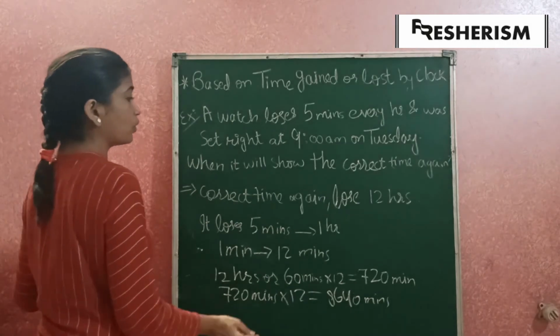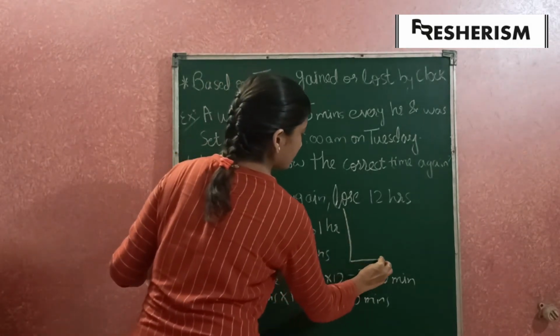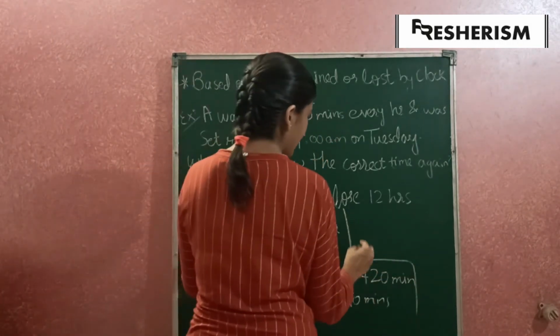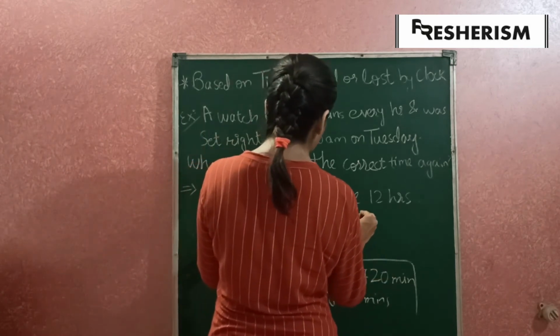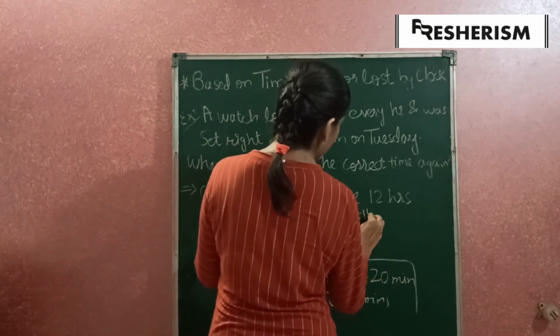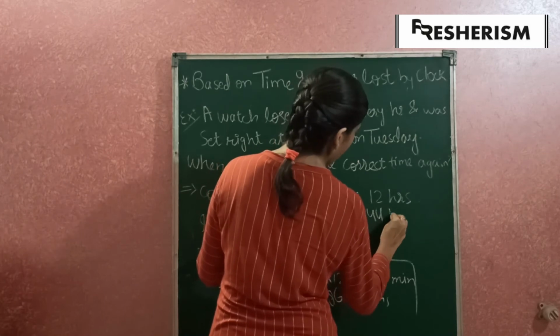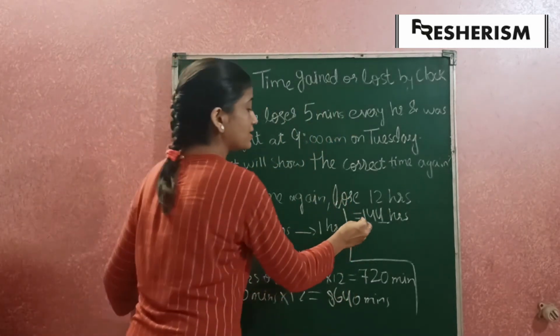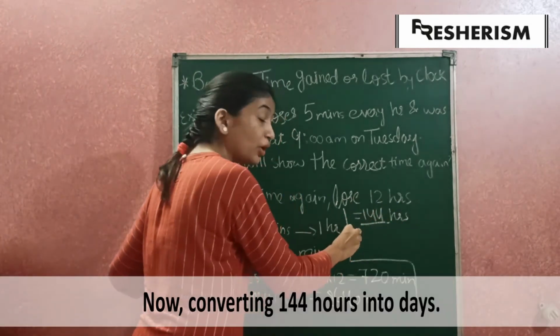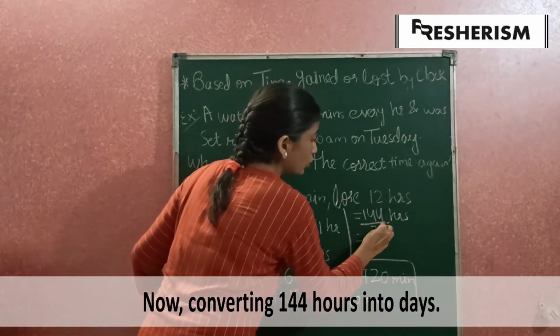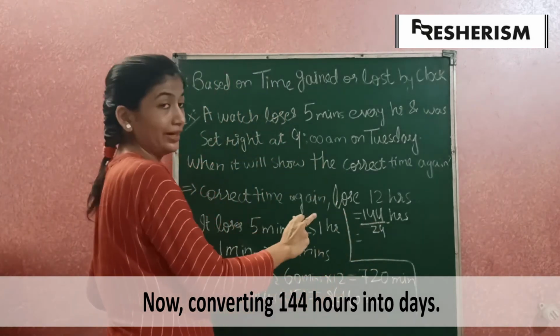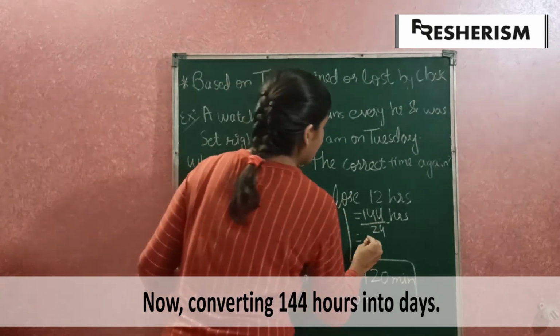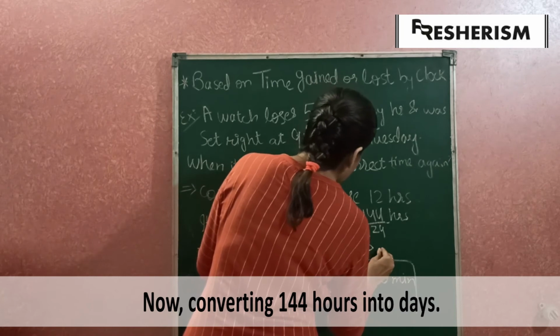This 8640 minutes is equal to 144 hours. For converting this 144 hours into days, we'll simply divide 144 hours by 24 hours, because in one day there are 24 hours. So the answer will be 6 days.